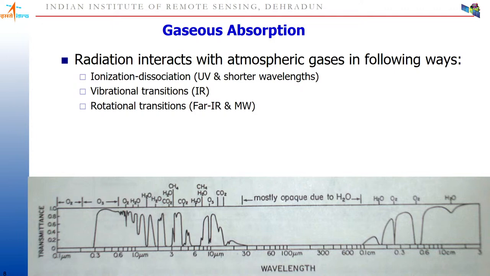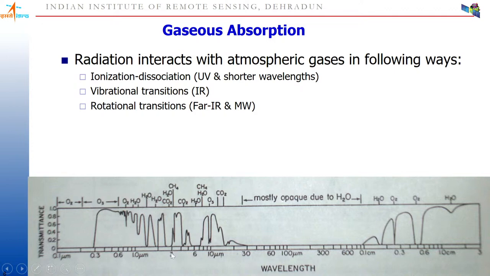So you see that here different atmospheric gases are written: ozone, water vapor, oxygen, methane. All these have absorption in specific wavelengths, because electromagnetic radiation interacts with the atmosphere at a certain frequency or certain wavelength.